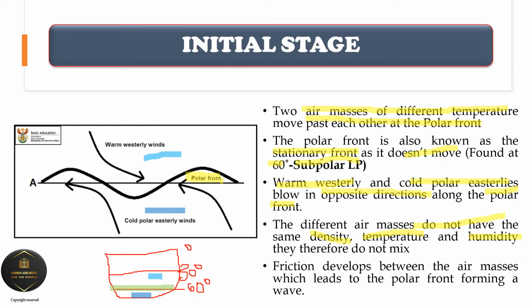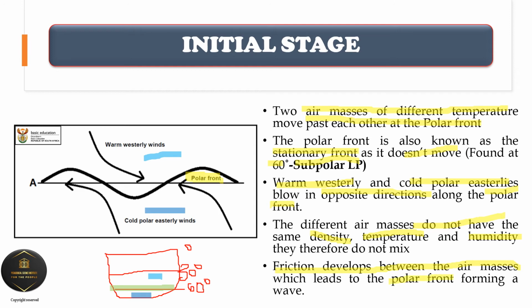And since there are temperature and density differences, we know that when something is more dense, it is more heavy. So our colder air will be more heavy, right? And it will do what? It will sink. And the warm air is less heavy or less dense, and therefore it will do what? It will rise. Now, due to that difference in density, temperature, and humidity, friction develops between the air masses, which leads to the polar front forming a wave.